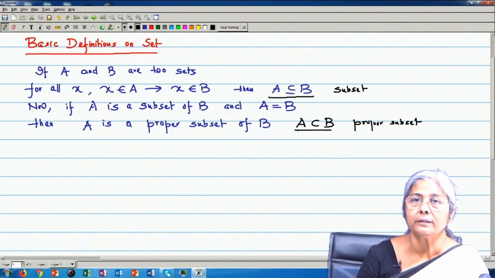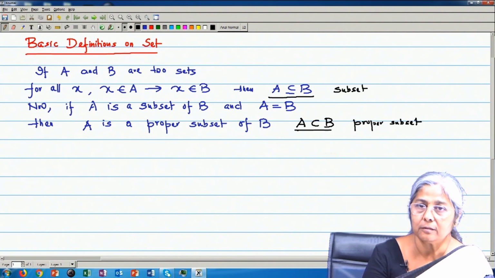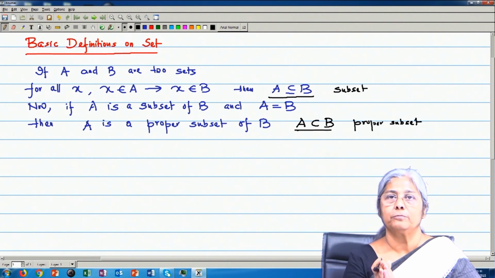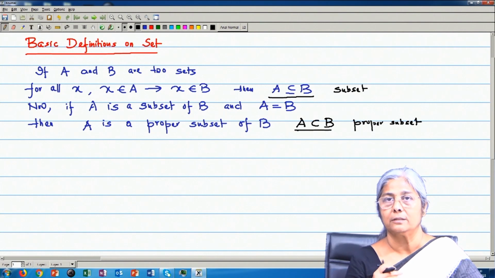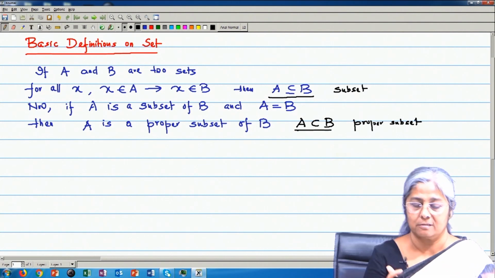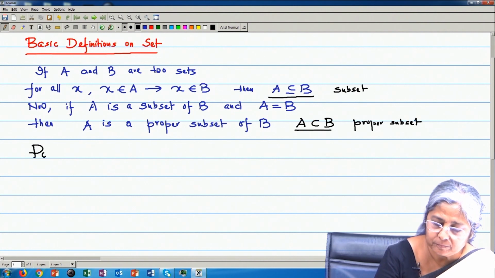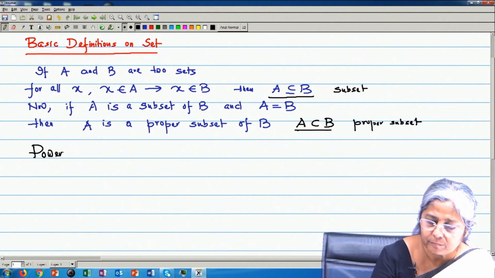Now, we define another property of subsets of a set, called the power set. We define the power set.